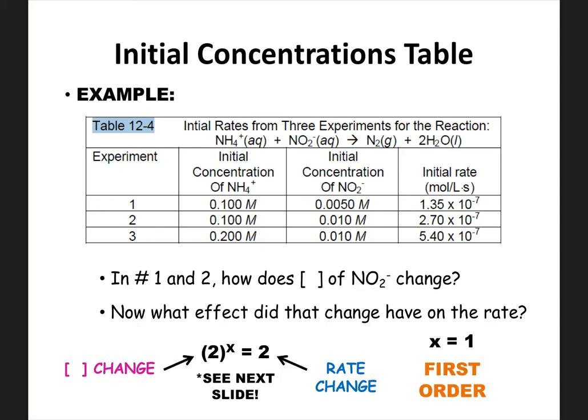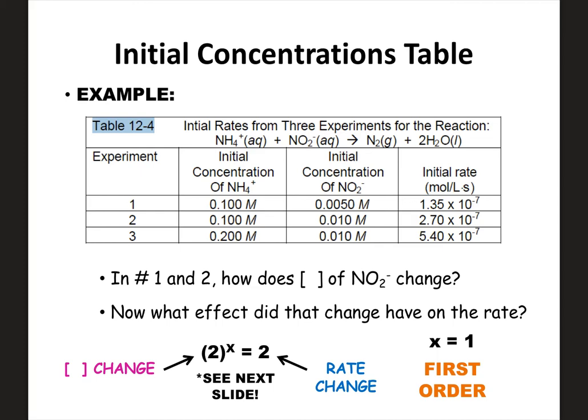So if we're looking at experiments 1 and 2, essentially we can ignore the NH4 plus because the concentrations are both the same. We want to see how the concentration of the NO2 minus changes. As we go from 1 to 2, I always like to think of the higher concentration being on top because it gives you nice whole numbers.